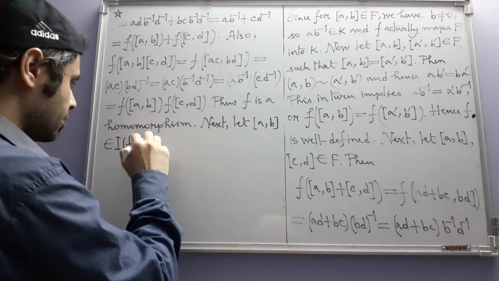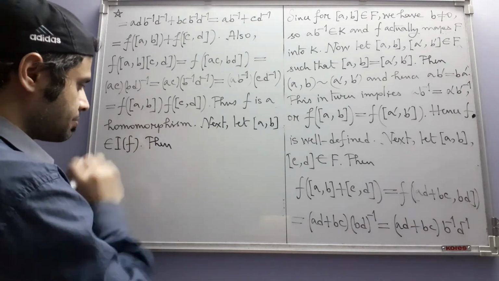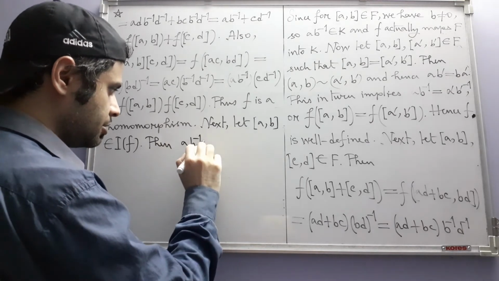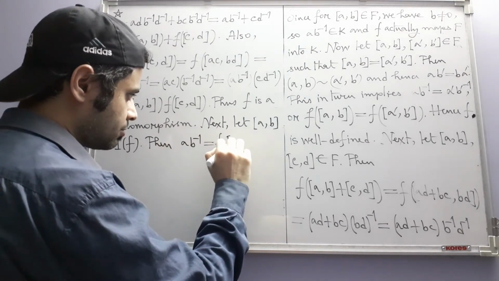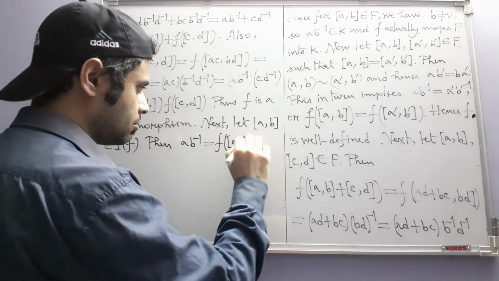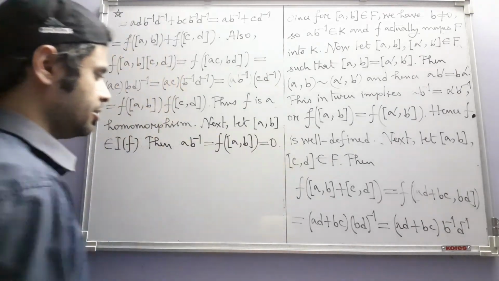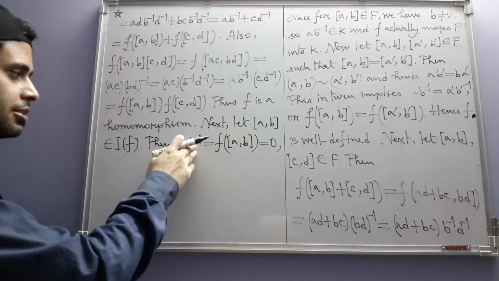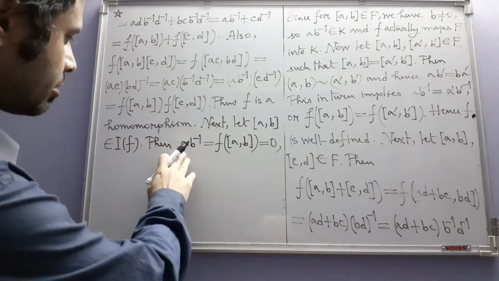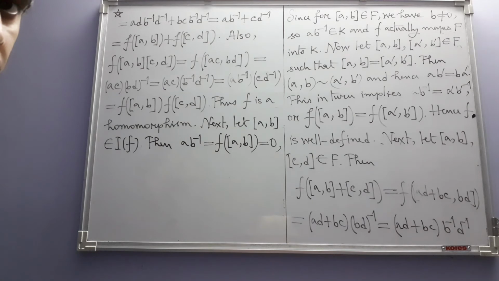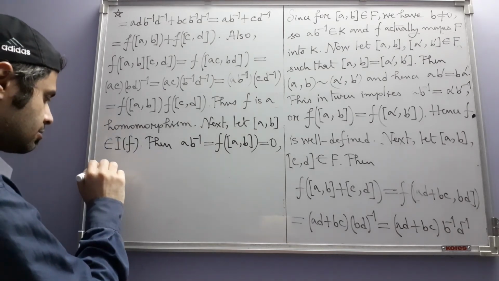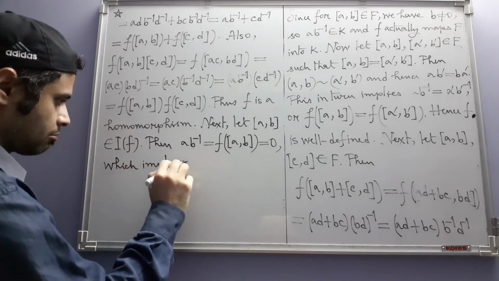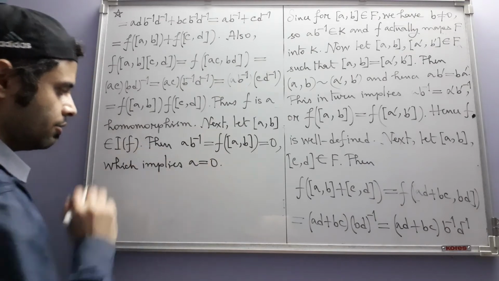Okay, then f of A B inverse, which is nothing but f of (A, B), this should be equal to the zero element in K. And since B has an inverse, if we multiply both sides by B, on the left hand side we will have A, on the right hand side we will have 0, which implies A is equal to 0.